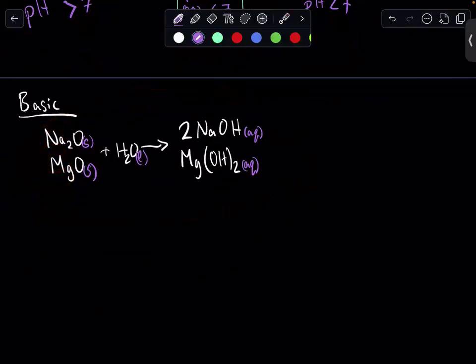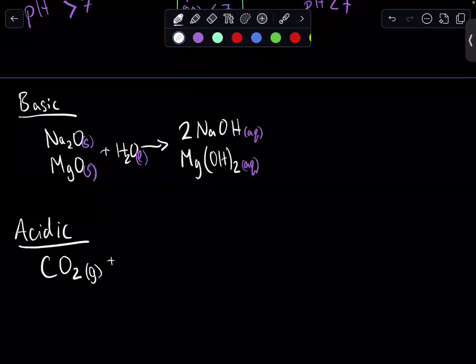We'll move into our acidic ones. And for the acidic ones, there's only a few that you need to absolutely know. And we'll explain why you need to know these in just a moment. But you need to know carbon dioxide, a gas, with water. They'll all be with water, so I'll just wait till the end. You need to know sulfur dioxide, gas, with water.